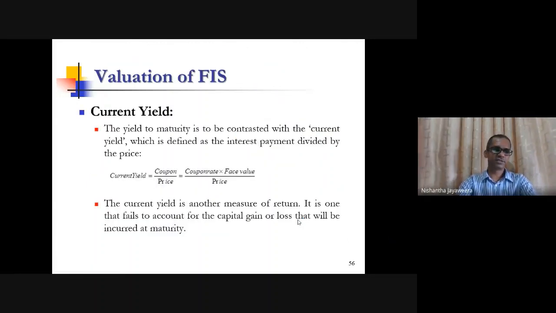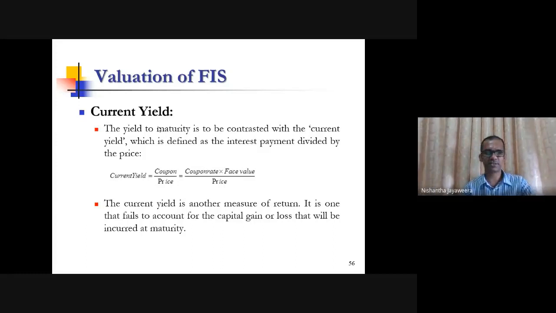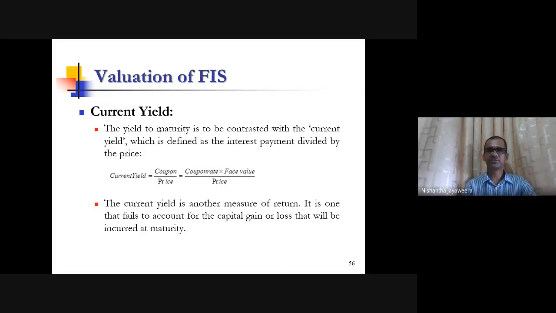Then there's another measure called current yield. This is a very simple measure. And don't get confused with the current yield. It doesn't mean the current market yield to maturity. Current yield has a specific meaning in the bond market. So what is it?